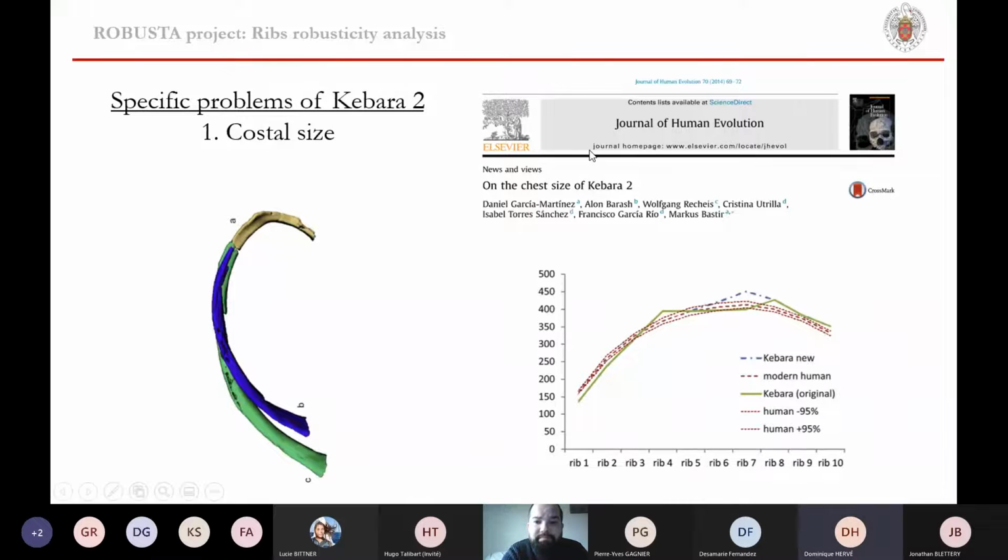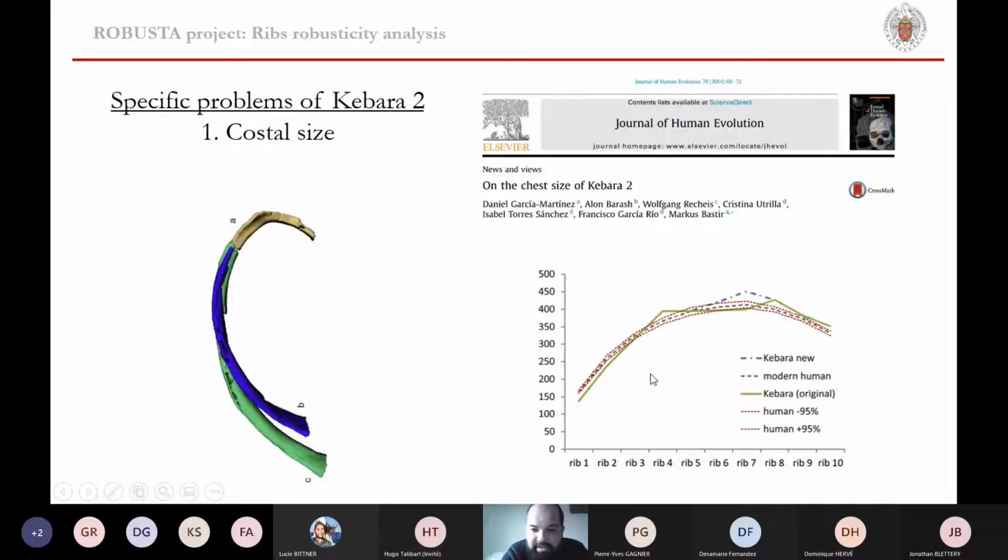First of all, the original reconstruction of the ribs was partially wrong. Here you can see in blue the original seventh rib of this individual, and in red and in green you can see the correct reconstruction of the seventh rib, which was done by Asier Gomez Olivencia in 2009, and we reconstructed in 3D.